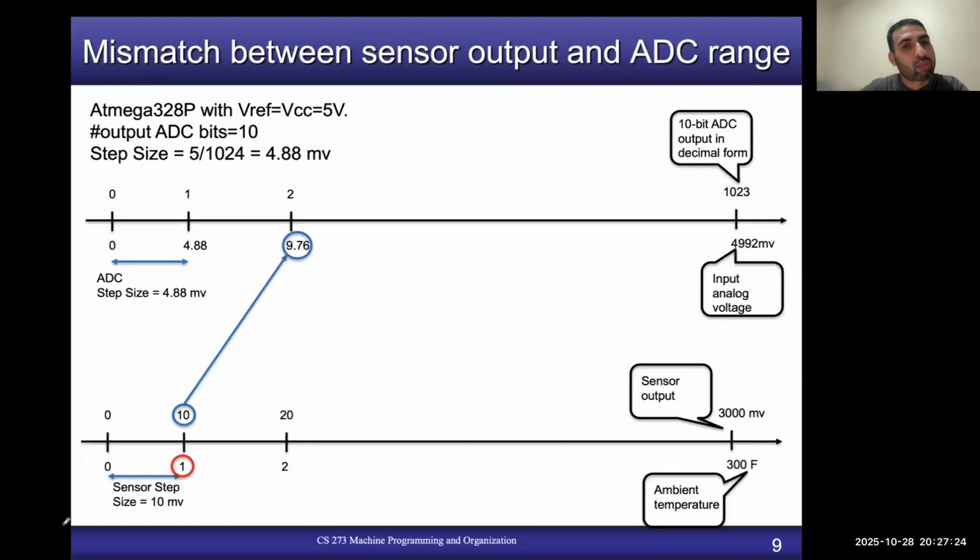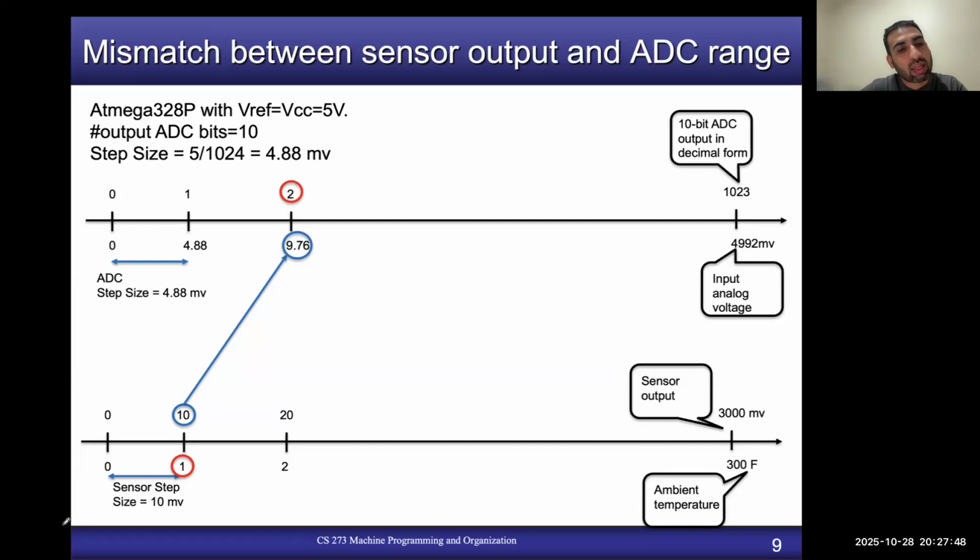So when the input analog signal is 9.76 millivolt, what will be generated as output in the digital form by the ADC? 2, right? So basically what is happening here? ADC is telling us that the environmental temperature is 2 Fahrenheit, but this is not true. Why? Because we know that the environmental temperature is 1, right?